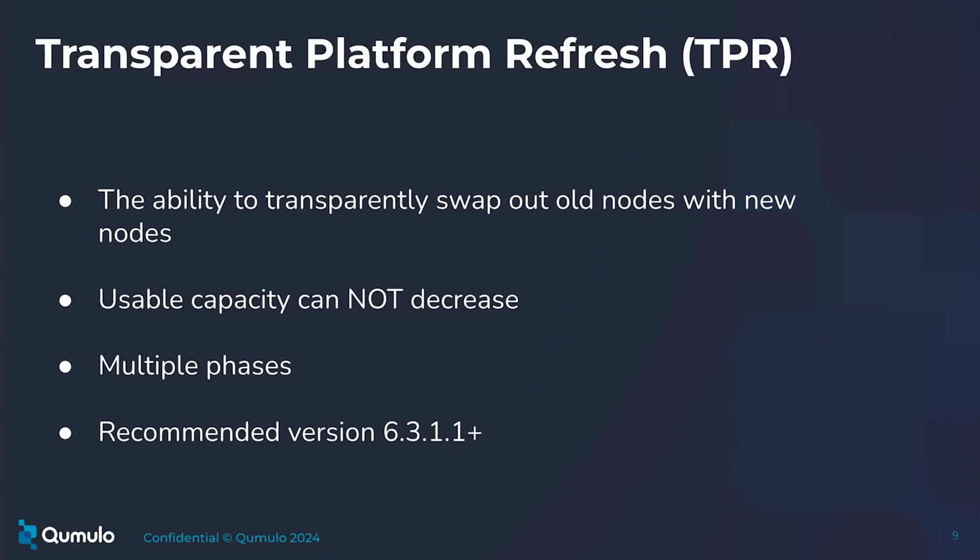At this point, what you will do is you'll actually rack the new nodes right next to your old nodes. You will go ahead and add them into the cluster. They will have static IPs, they'll have floating IPs. And at that point, we will start copying the data from the old nodes to the new nodes.